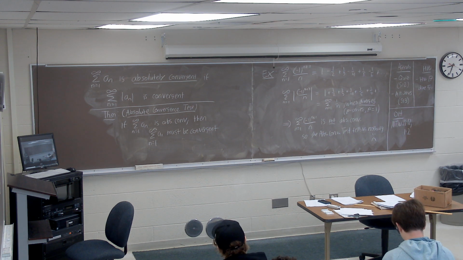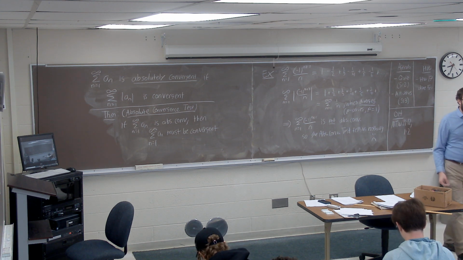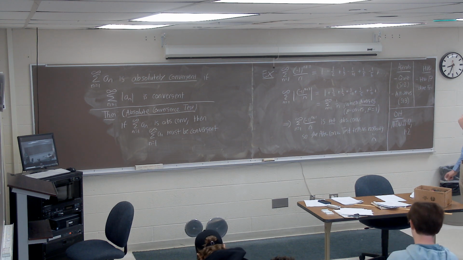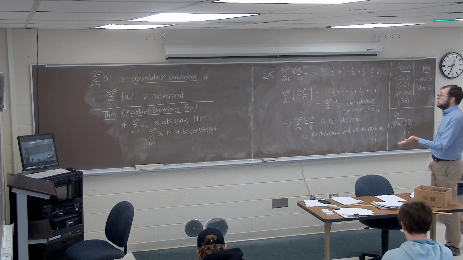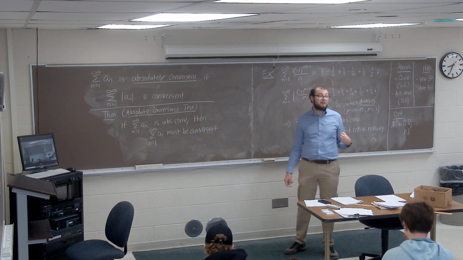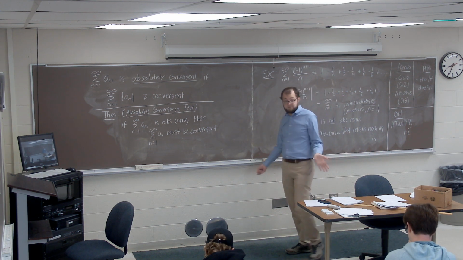Just because the series isn't absolutely convergent, it still could be plain old vanilla convergent. The test only tells you that if it's absolutely convergent, then it has to be convergent, but if it's not absolutely convergent, it could be convergent or divergent.